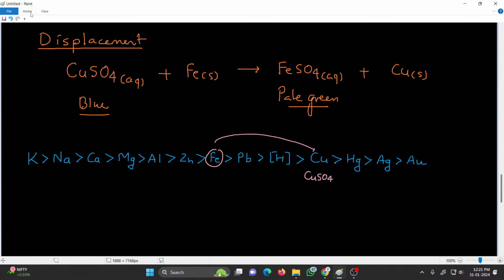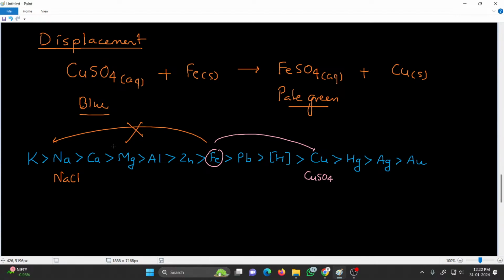But on the other hand, suppose we have sodium chloride solution and we dip an iron nail into that solution, then the displacement reaction will not take place, because in this case iron is less reactive than sodium, so iron won't be able to displace sodium from sodium chloride solution.